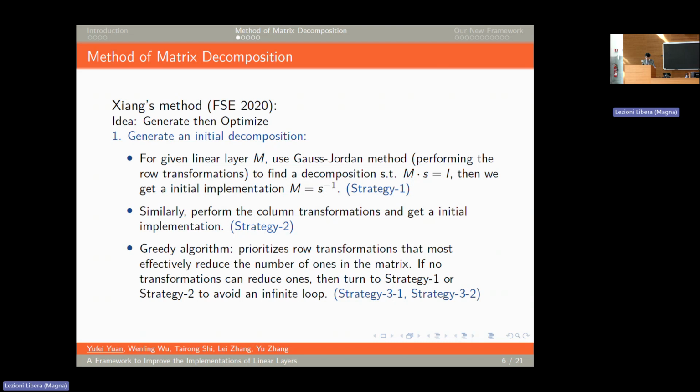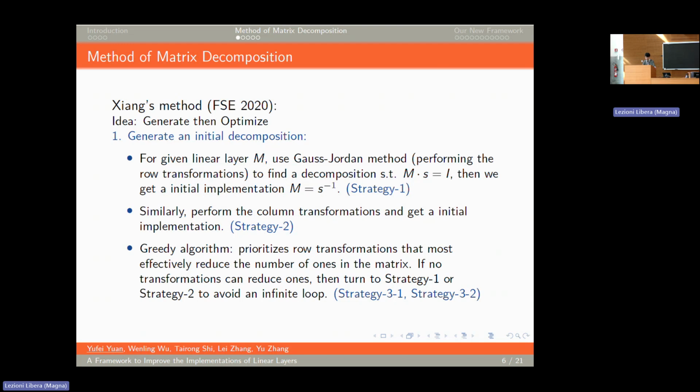And they also introduced the greedy algorithm, which will prioritize the row transformation that most efficiently reduces the number of ones in the matrix. So if no transformation can reduce the ones, then it will turn to the abort strategy to avoid an infinite loop.